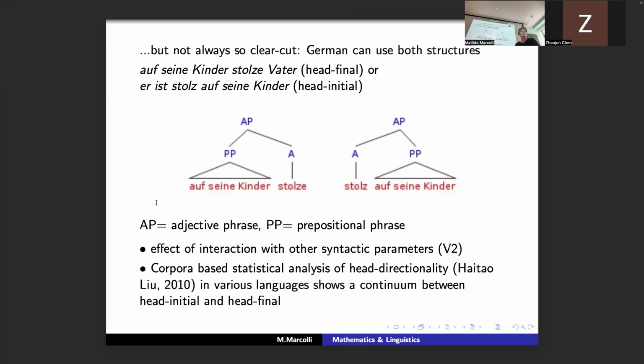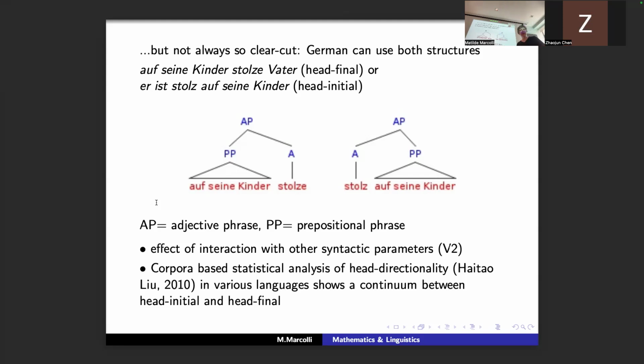Of course, one also realizes that these are not always so clear cut. There are languages that, for example, are more morphologically rich, and so the sentence structure tends to be more flexible in those cases. In German, sometimes you have head initial and sometimes head final, and this is puzzling at first.